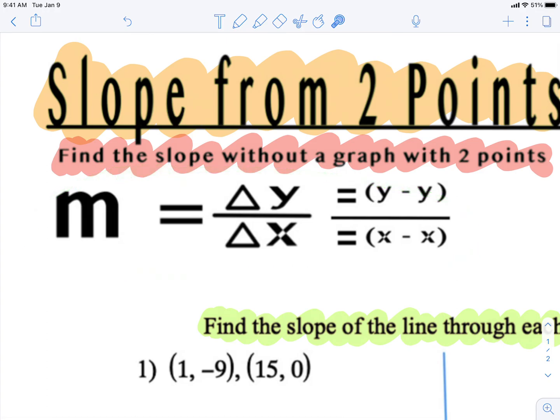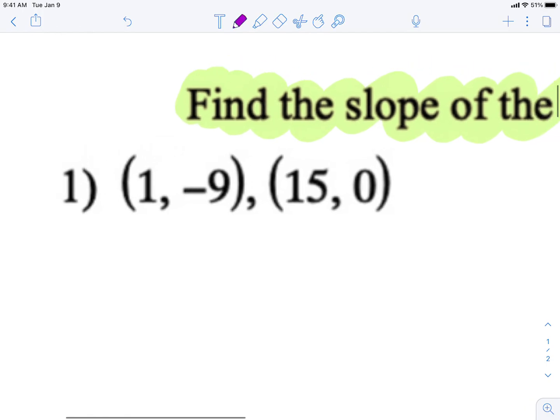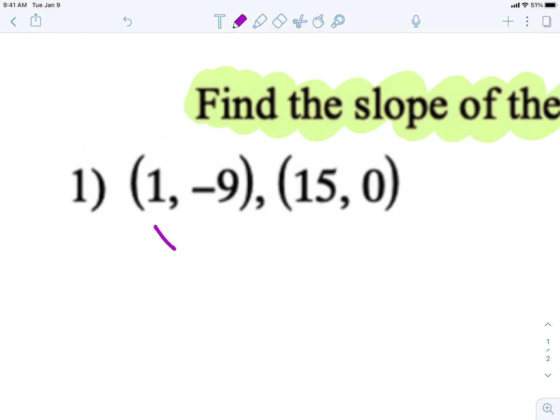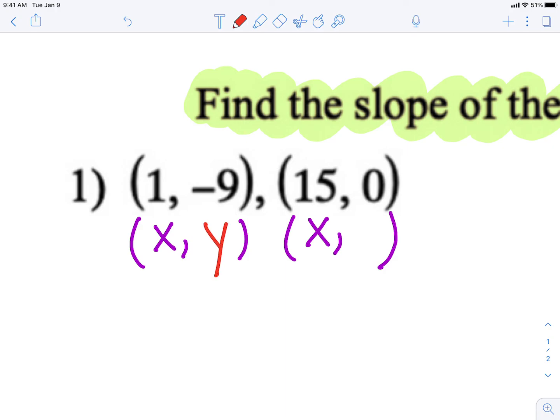We're going to see how to use that formula. First, I'm going to identify my two x's. This is x, and this is x. I'm going to put parentheses like this. Then I'm going to identify my y's. This is y, and this is y.